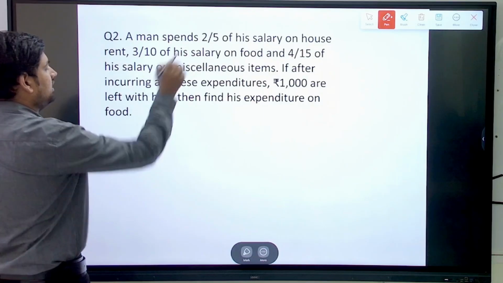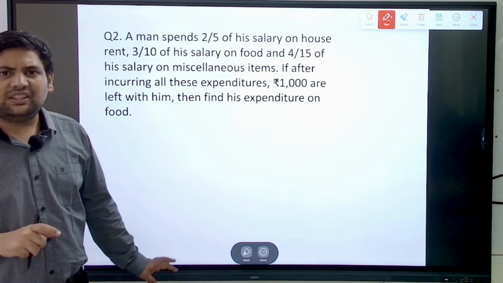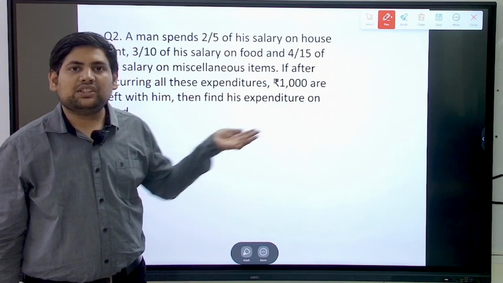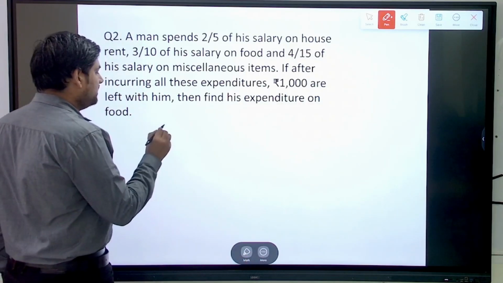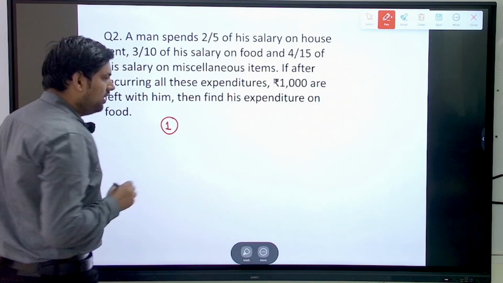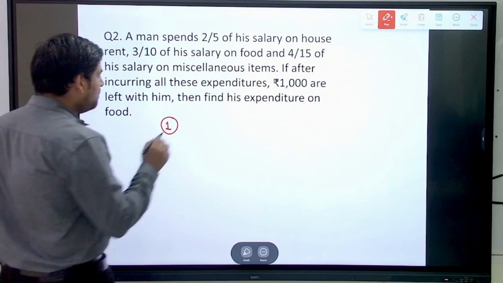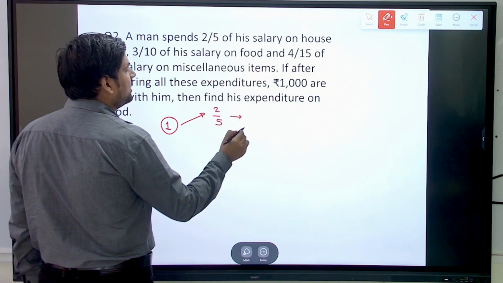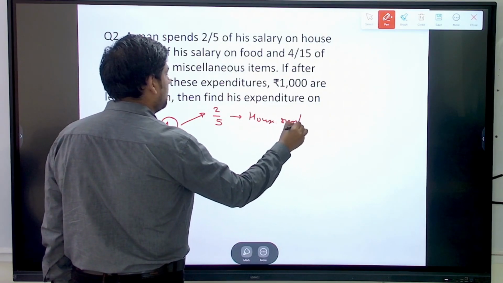When I say that a person has a certain salary, if I have to tell about his complete salary, I would say 100% of salary, or I can simply take it as 1. So, if salary is 1 unit, out of this salary 2/5 is spent on house rent, correct.